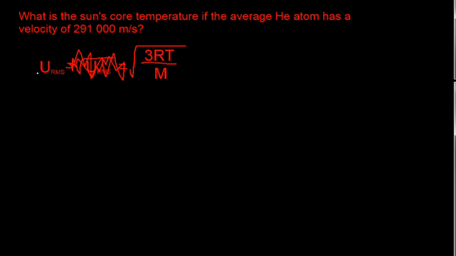So we're going to rewrite this equation. The first thing we're going to do is take this and square it, and take this and square it. We get u squared equals 3RT over the mass.